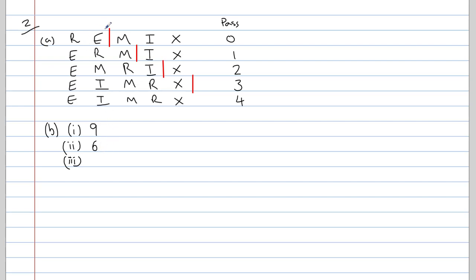So on the first pass with 10 numbers, we would have to do 1 swap, and then on the second pass 2, all the way up until the 9th pass, in which case we would need 9 swaps. And if we did 9 plus 8 plus 7 plus 6 plus 5 plus 4 plus 3 plus 2 plus 1, we would get 45.